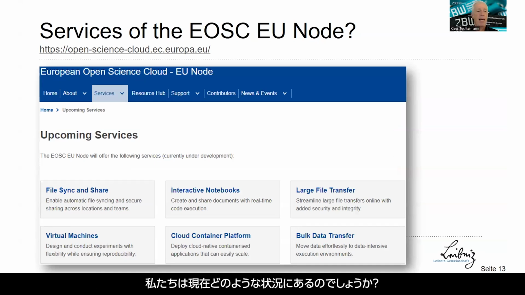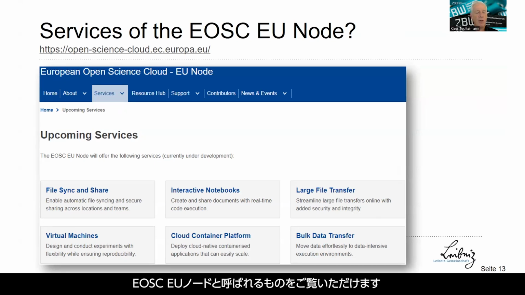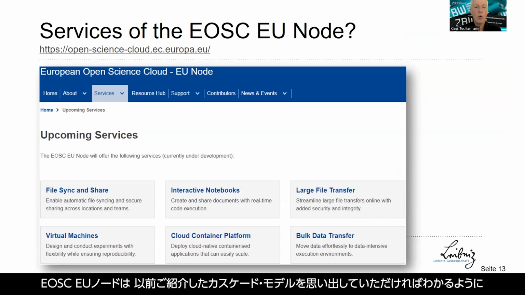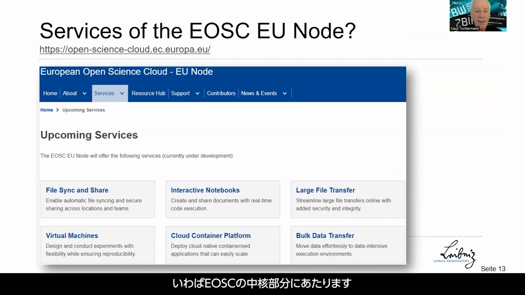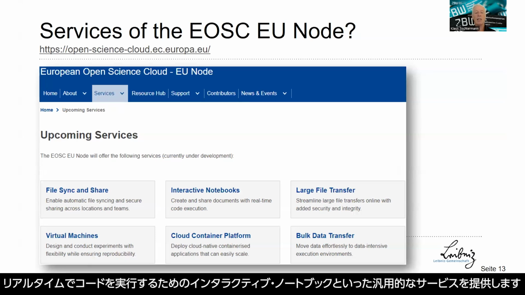Where do we stand? Under this web address, opensciencecloud.ec.europe.eu, you can look at what is referred to as the EOSC EU Node. The EOSC EU Node is, so to say, the core of the EOSC, if you remember the cascaded model which I showed earlier. And in that EOSC EU Node, we will provide the following services: a sync and share service, virtual machines, bulk transfer, large file transfer, interactive notebooks for real-time code execution, such generic services.